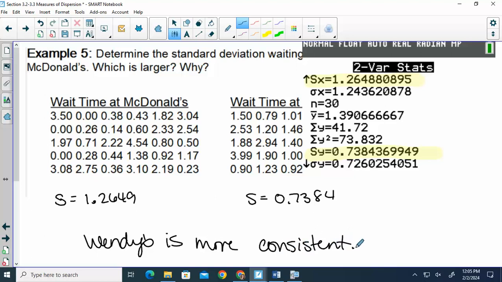Wendy's is more consistent. It has a smaller standard deviation. Which is what we already saw on the histogram. Most of them were grouped closer together, so we knew they were going to be more consistent. Now we kind of have a number to justify that thought. So the smaller standard deviation, the more consistent they're going to be.